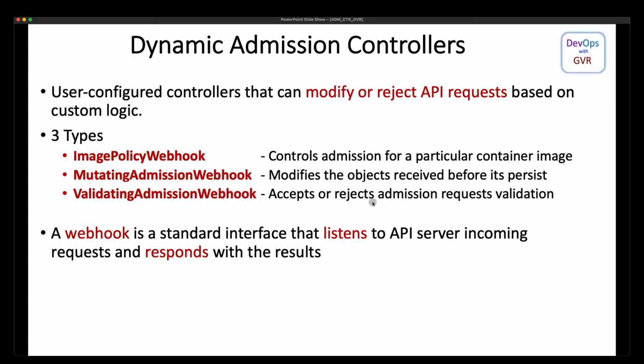So these are the three different types. Out of those, these two are the major ones with respect to admission controllers. And a webhook is nothing but a standard interface that you can attach anywhere. You create one webhook and attach it to mutate or to validate, both can be done.